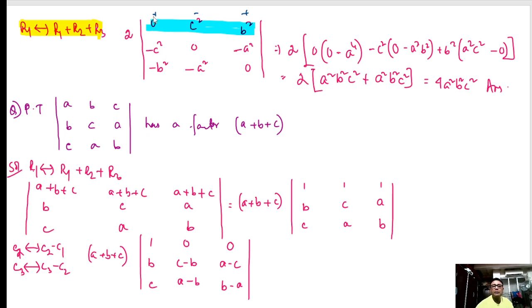So when we take 0, I have to take this part, which is 0 minus A to the fourth, it will become minus A4. When we take C square, there is a minus. We have to take this and this. So when we cross multiply this, we get this.